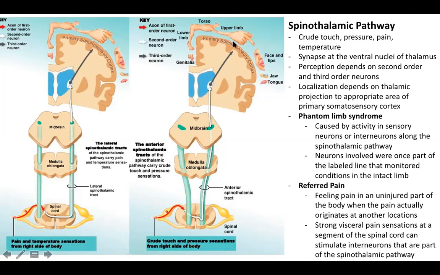We have a lot of neurons for our hands, our lips, and our tongue, to be more specific with what we're actually feeling, as opposed to our back. Our back, our leg, or our foot don't have as much area in the central nervous system dedicated to them, so we have less specificity with what we're actually feeling.